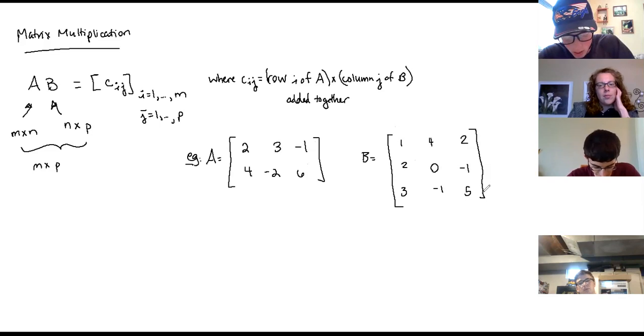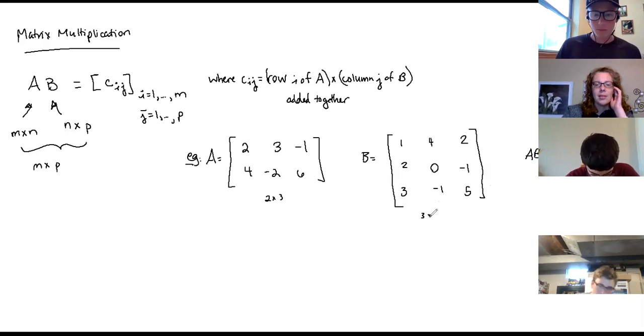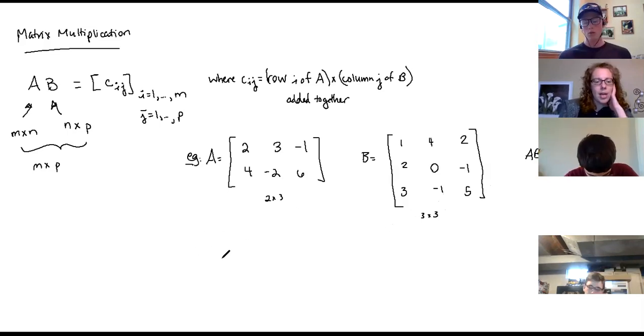B is going to be, reading across, 1, 4, 2, 2, 0, negative 1, 3, negative 1, 5. So A times B is going to be a 2 by 3 matrix. Do we see why? A is 2 by 3, B is 3 by 3. If I take the outside dimensions and squish them together, the result is going to be a 2 by 3 matrix.